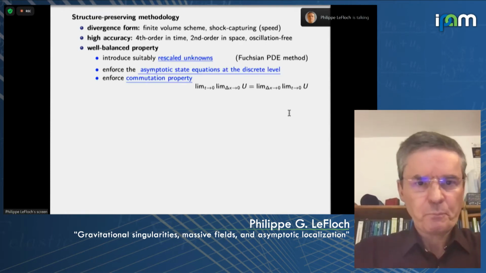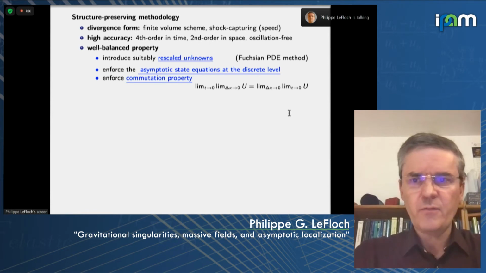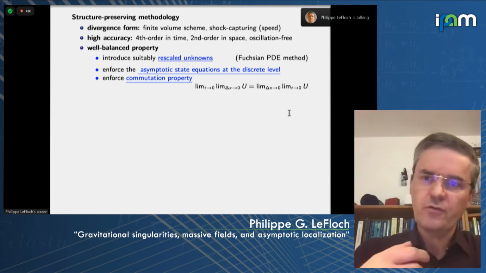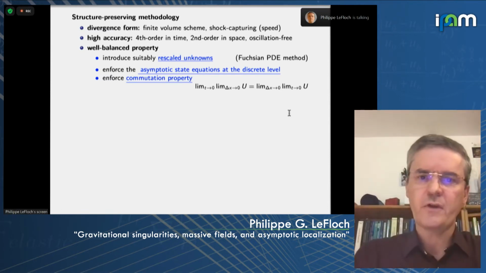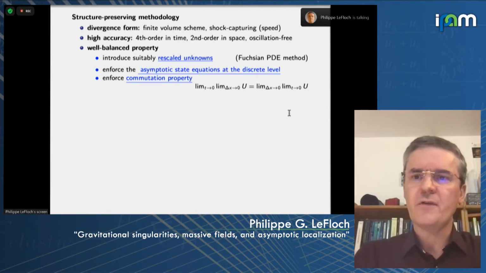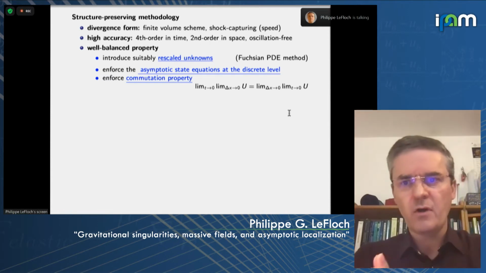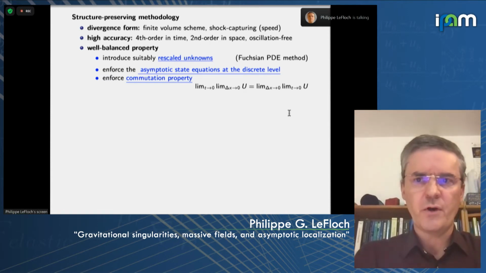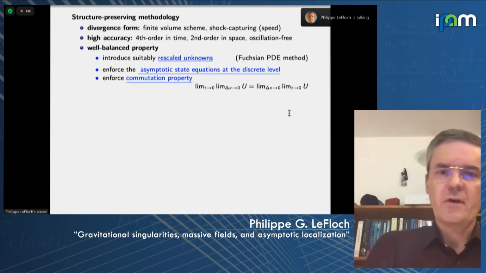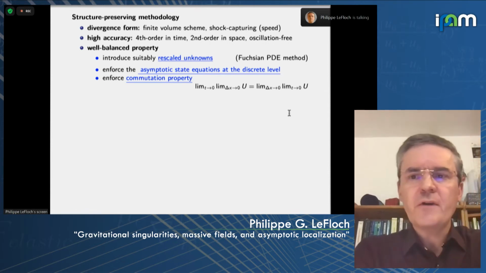Then the main part of the work is, first of all, to write the equations with certain rescaled unknowns. The solution, the density for instance, will blow up at the singularity, so you have to rescale that. This will become more clear in the second part of the lecture. The way you do it is by doing a Fuchsian analysis.